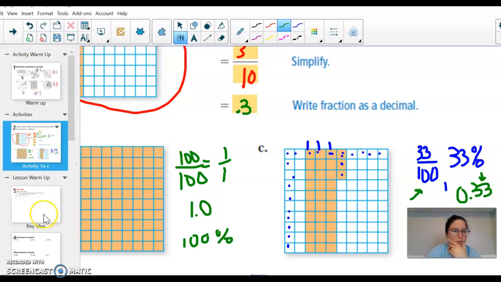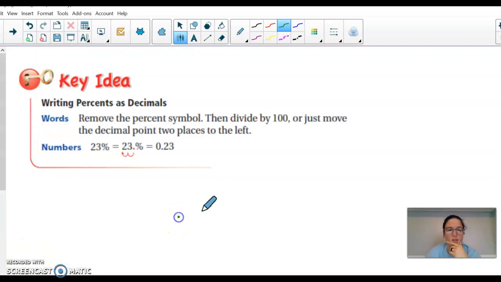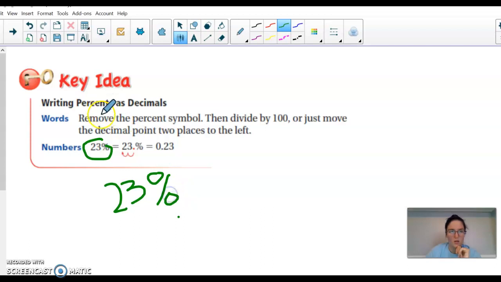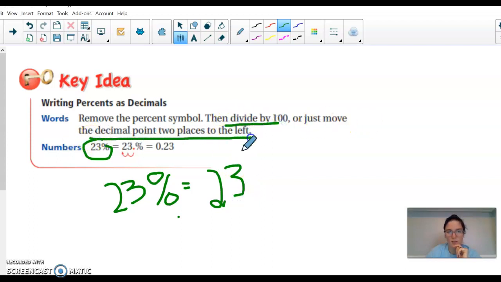And then your final part is to understand how to move percents into decimals and decimals into percents. So this example is, if you have 23%, you remove the percent symbol, so you make it 23. You either divide by 100 or just move the decimal point 2 places to the left.